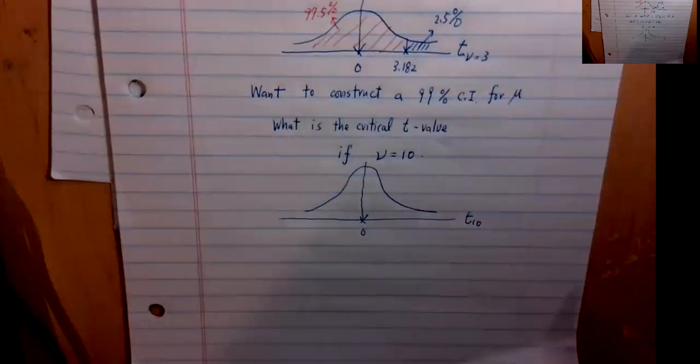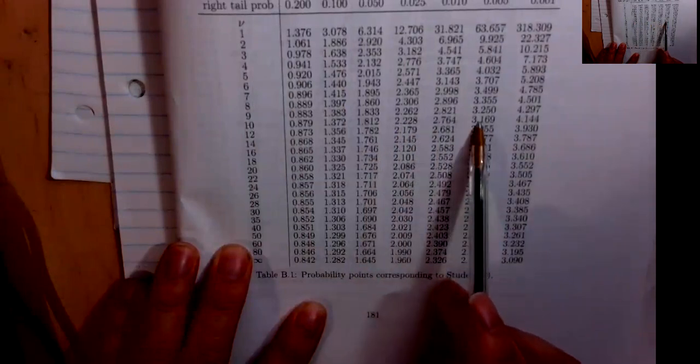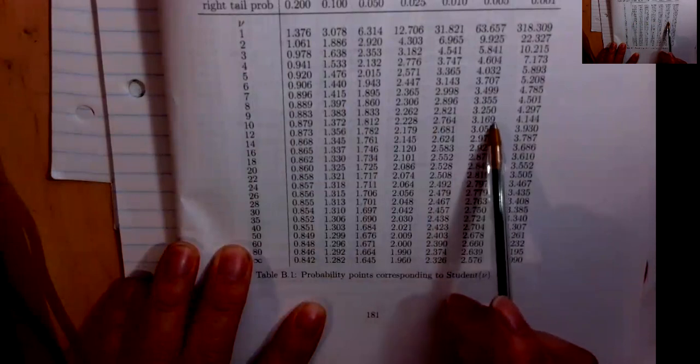Okay? And how are we going to use the table? Look at here. Degree of freedom is 10. So you move your finger horizontally. Okay, you keep moving, you keep moving, until you see 3.169. Why do you stop here?